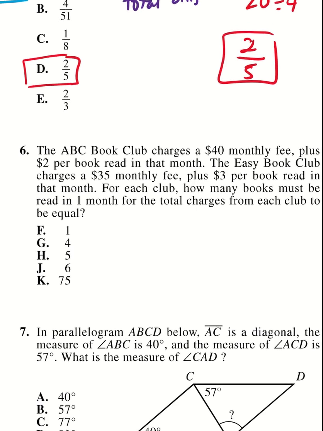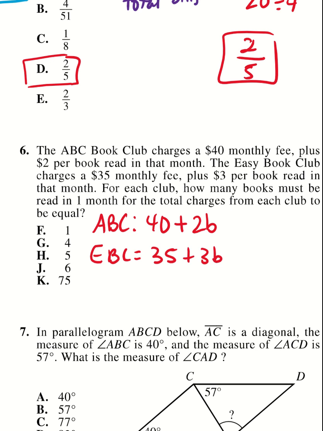Number 6, the ABC Book Club charges a $40 fee plus $2 per book read in that month. So for that book club, there's a $40 fee that you're only charging once, and then $2 per book for that month. And that $2 is going to be multiplied by a variable because you could read more than one book. Easy Book Club has a one-time fee of $35 and then paying $3 for a book.